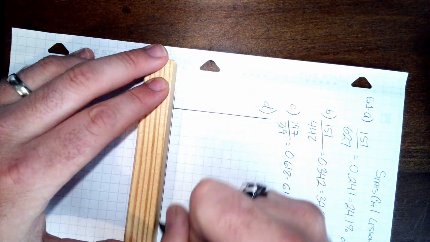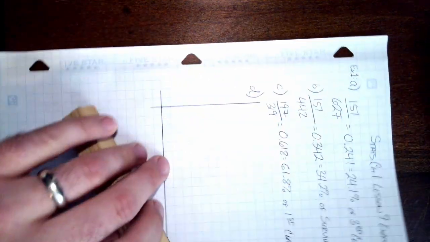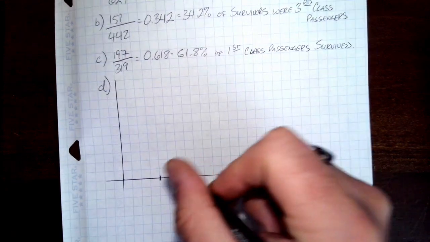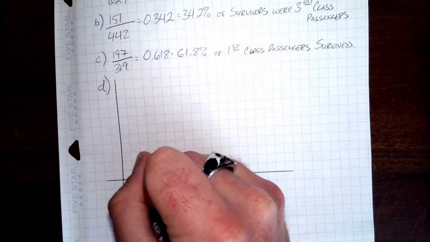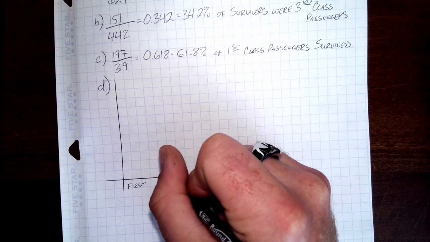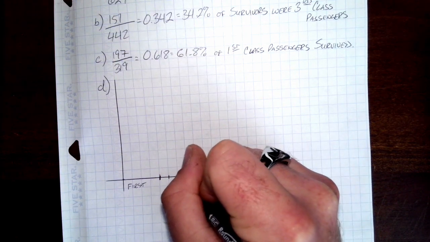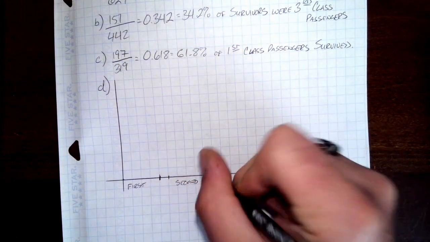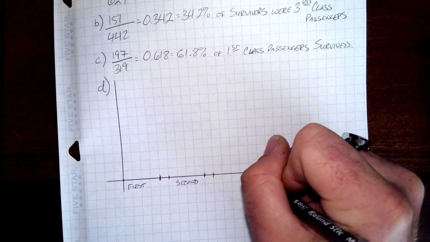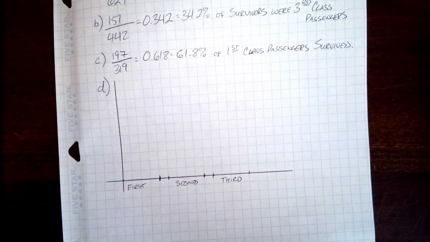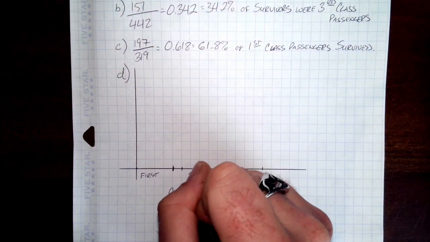We only have 3 classes of travel, so let's go 1 for first class. Do another segmented bar graph. That's 4 for second class. Segmented bar graph for third class. So this is our class of travel.